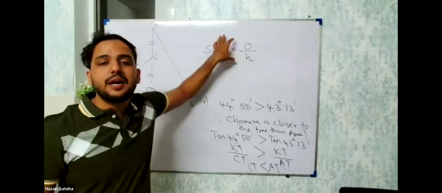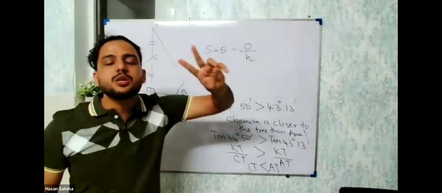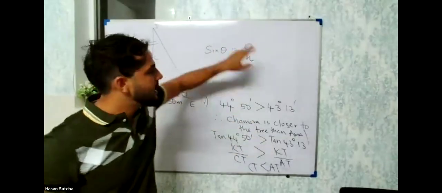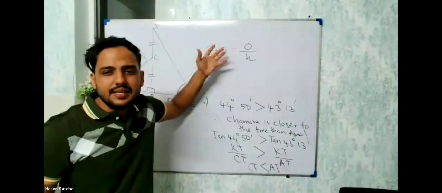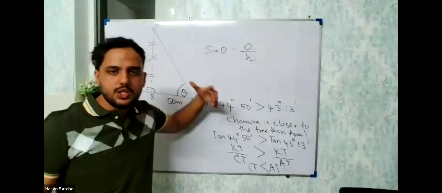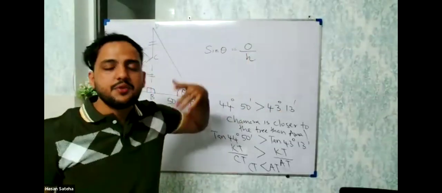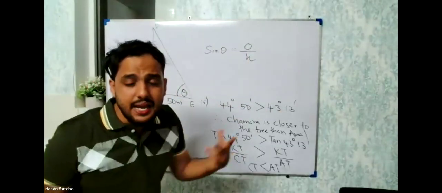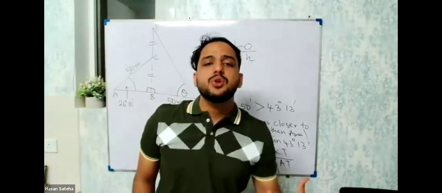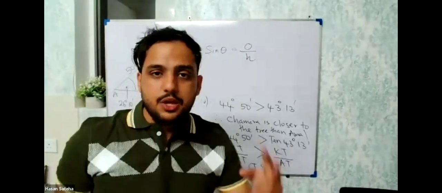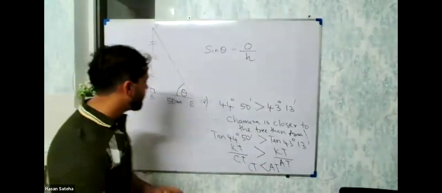Same thing, if you need to find the angle, you need the values of two sides. Opposite over hypotenuse. If you are using cos, you need adjacent and hypotenuse. If you are using tan, you need opposite and adjacent. Anyway, the idea is, if you need to find an angle, you need two sides of the triangle.